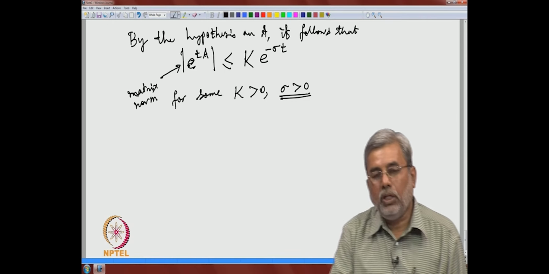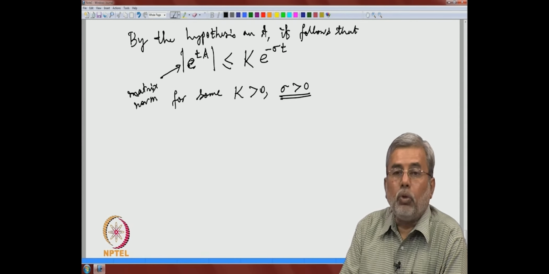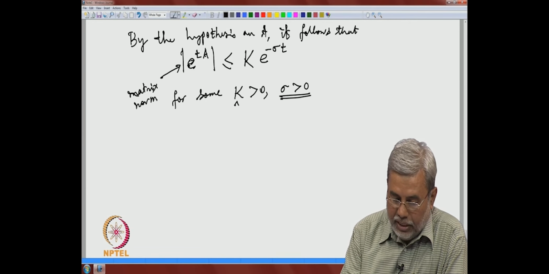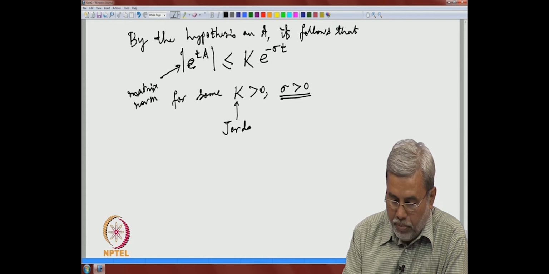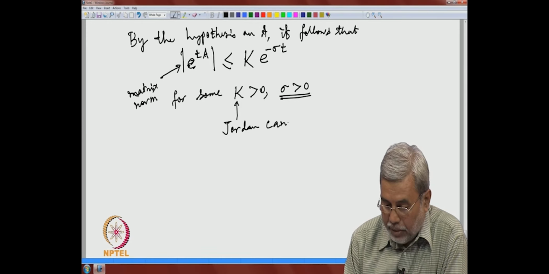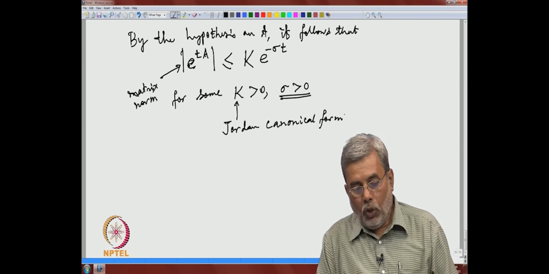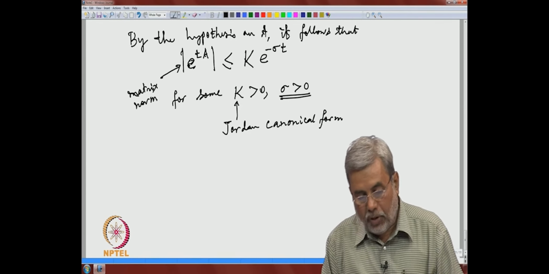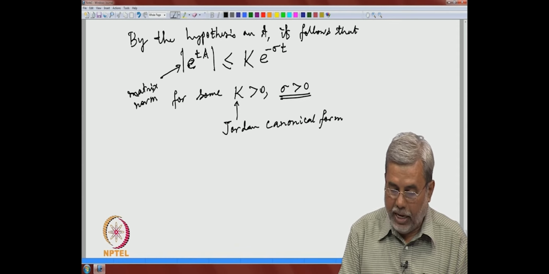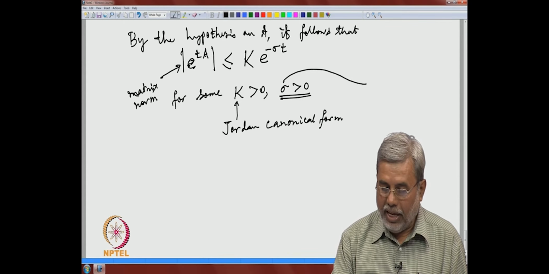Let me just briefly explain where these two constants come from. This essentially comes from the Jordan canonical form, which we have already discussed in the linear algebra portion. When we use the Jordan canonical form of A, this constant K is produced, and sigma comes from the eigenvalues.